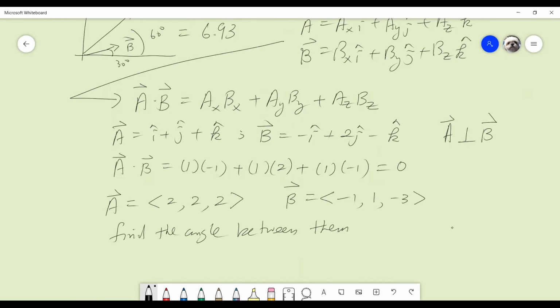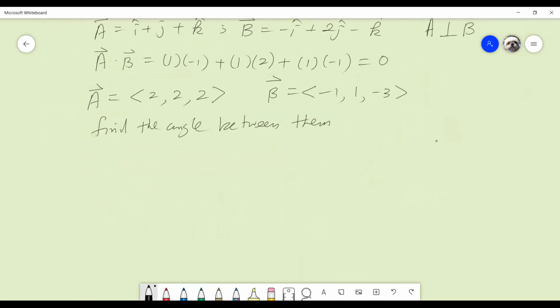Now, this one is more like a calculus problem, right? But how are we gonna do that? No problem. We can use the definition of dot product.